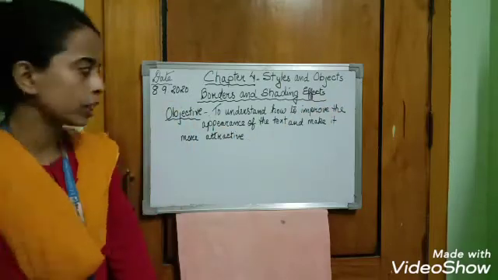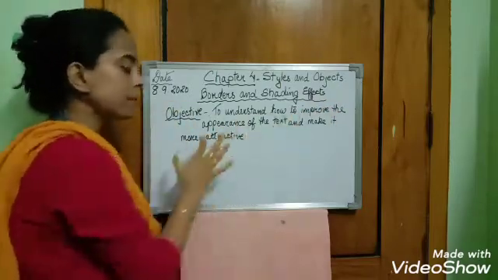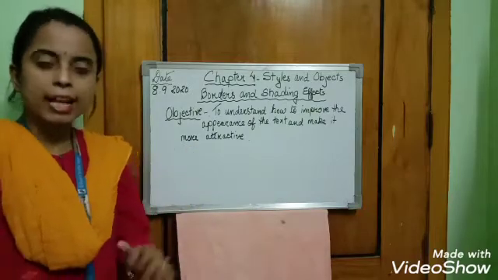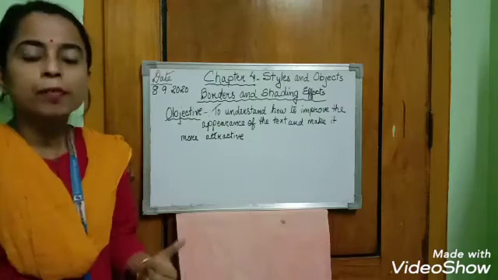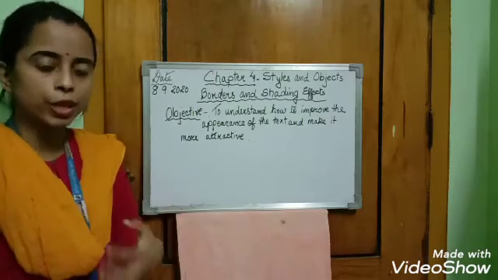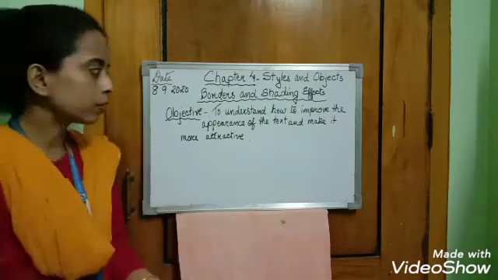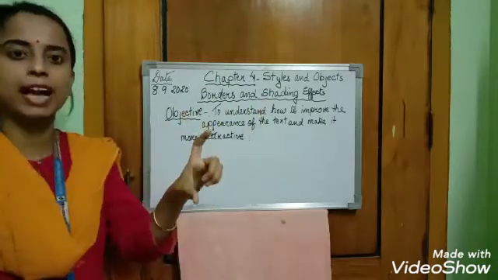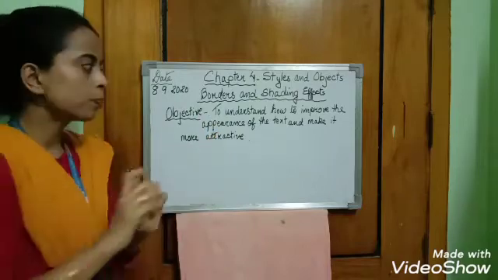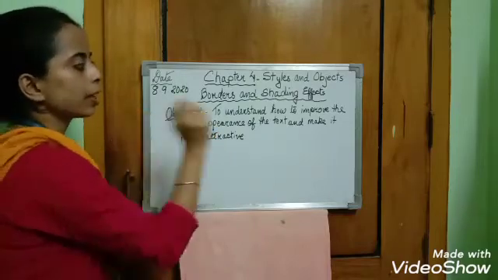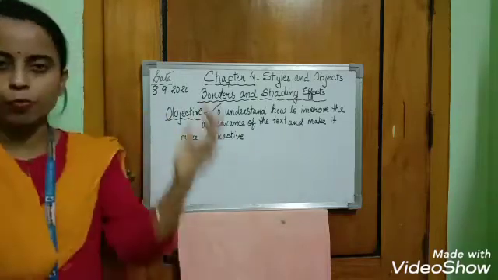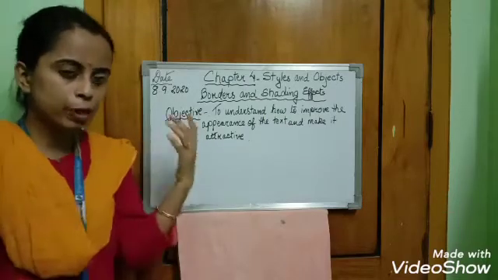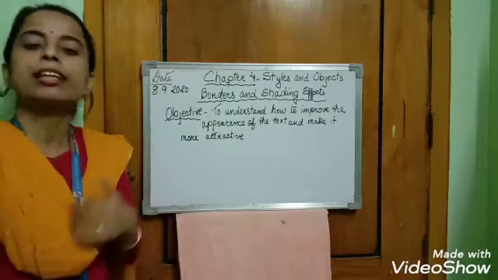Appearance means the look of the text, and make it more attractive. At the end of this lesson, we will understand how to improve the appearance of the text, the font, and make it more attractive in our Word document.